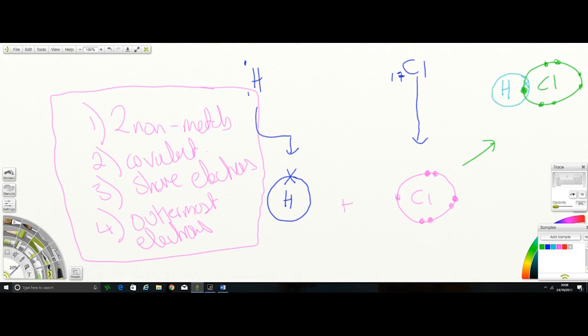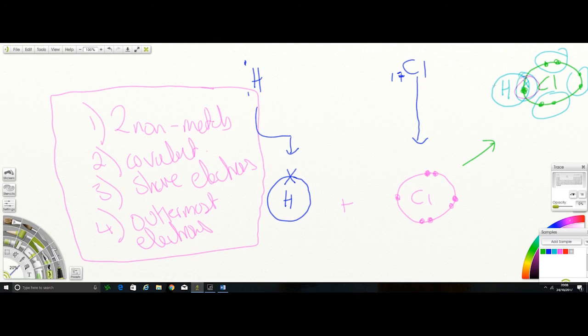Can you see now the hydrogen has 2 electrons and it only has 1 shell, so hydrogen has a full outer shell, and chlorine has 8 electrons in its outer shell now: 2, 4, 6, 8. Remember, hydrogen only has 1 shell, and in the first shell you can only have a maximum of 2 electrons. So that is covalent bonding done.